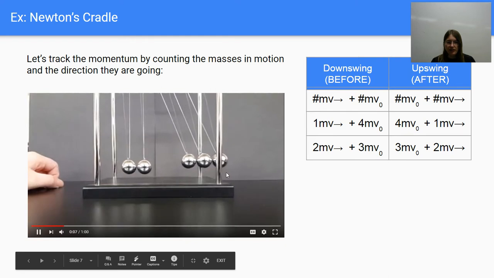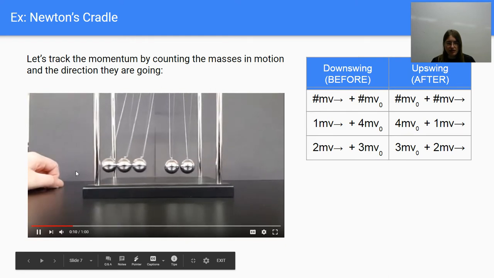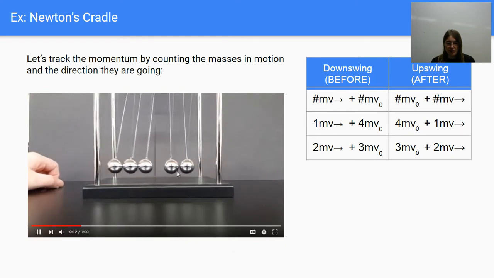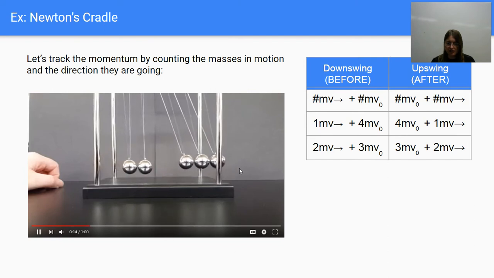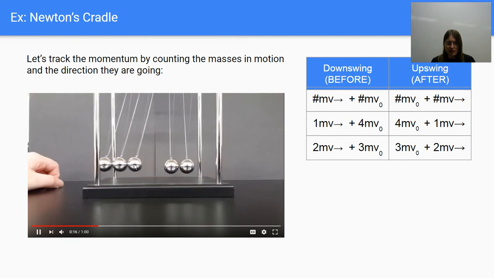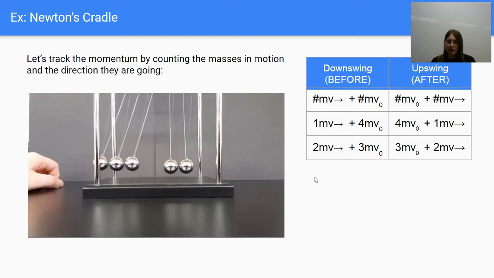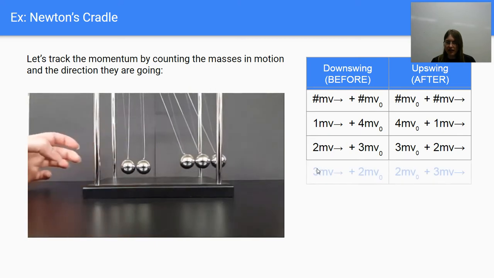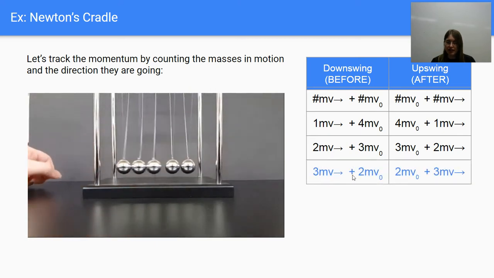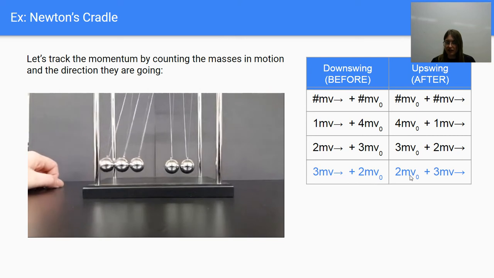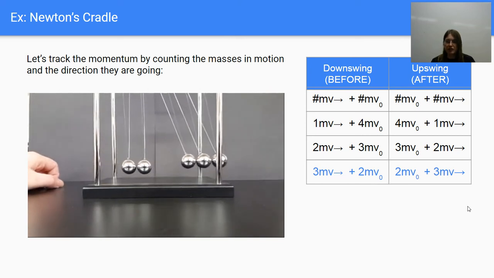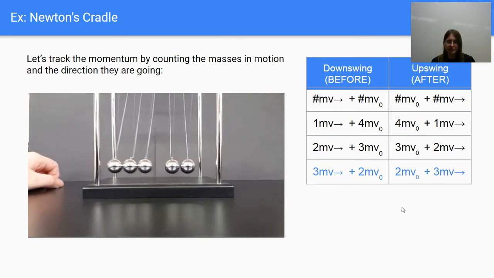So in this case, we have 3 in motion, 2 still, becomes 3 in motion and 2 still. So the middle one remains in motion the whole time, but the 2 ends go from stopping to moving. But the total remains the same, right? So we have 3 in motion to the right, plus 2 not moving, and then there's 2 not moving and 3 in motion to the right. It's the same thing.